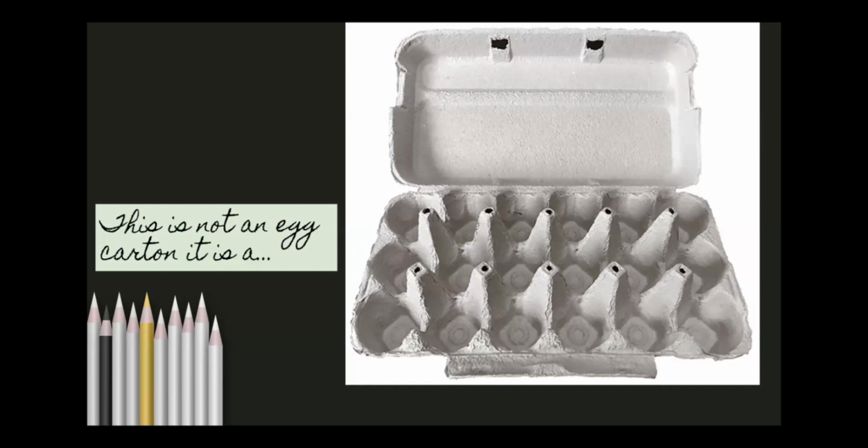So I envision this activity with students from grade 4 to 6 sitting around in a circle on their chairs and the egg carton moving around the circle. And every time that egg carton gets to a student, there needs to be a share of ideas. So first student may say, this is not an egg carton. It is a group of mountains. The next person would say, this is not a group of mountains.